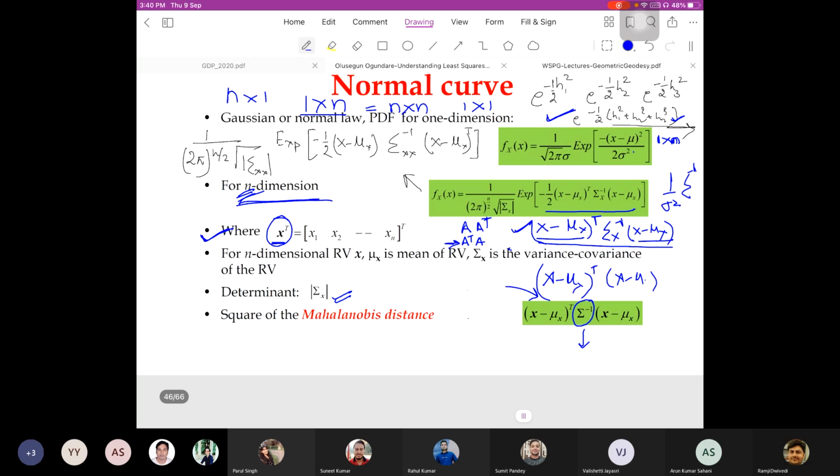If you remove that sigma inverse, first comes the Euclidean distance, then comes the Mahalanobis distance, and the reason for the Mahalanobis distance is simple: variance has to be accounted for while calculating such kind of measurements. Okay, so this is one. Any question in this?